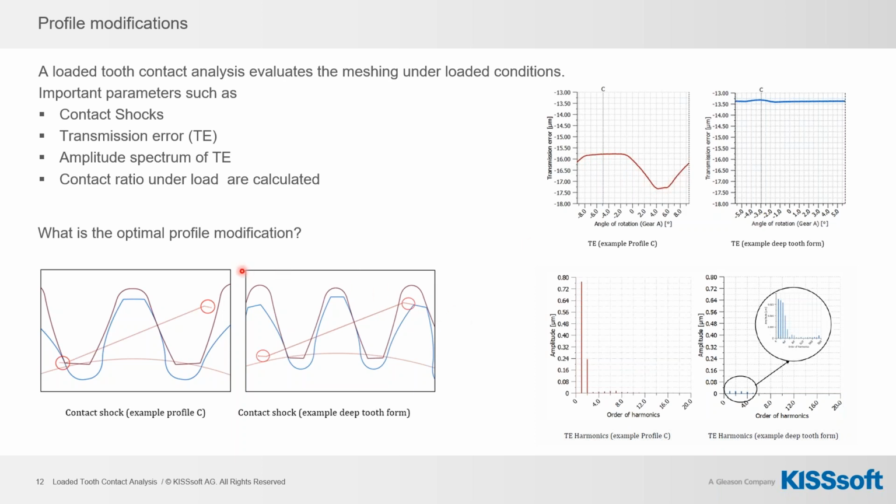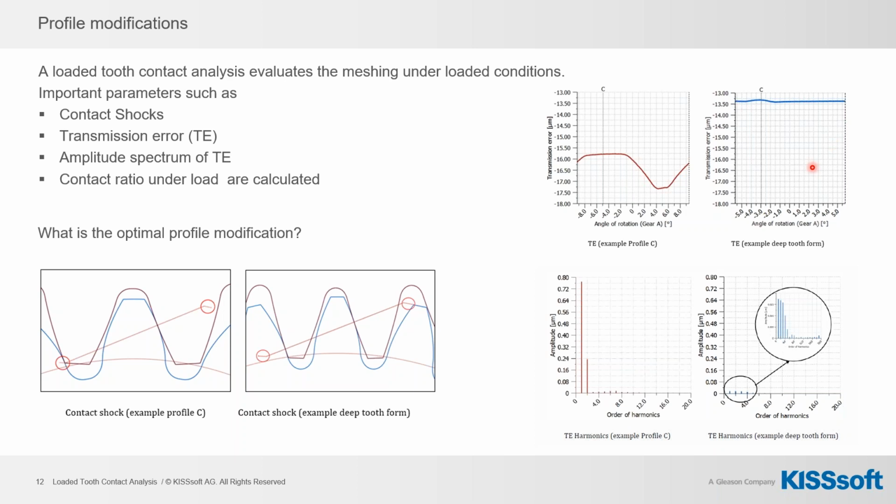On the other hand, on the right side, this is a special deep tooth form where we have a profile contact ratio of about 2. That means almost all the time we have two teeth in contact. That increases the mesh stiffness, and that means we can see that we have a much smaller variation in the transmission error.